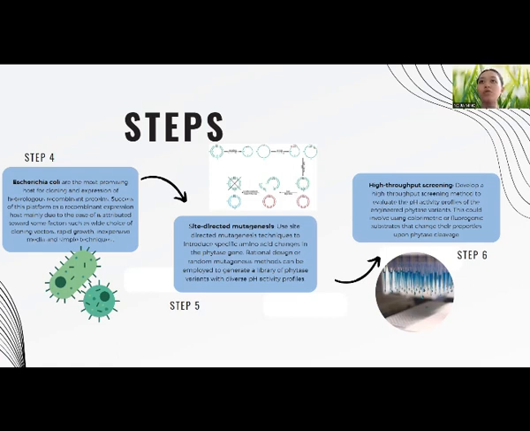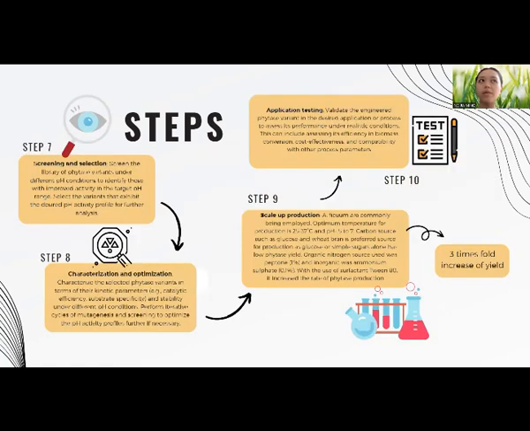Next, we proceed with high-throughput screening. We develop a high-throughput screening method to evaluate the pH activity profiles of the engineered phytase variants. We use colorimetric assays to detect changes in their property upon phytase cleavage. Step 7 will be screening and selection.